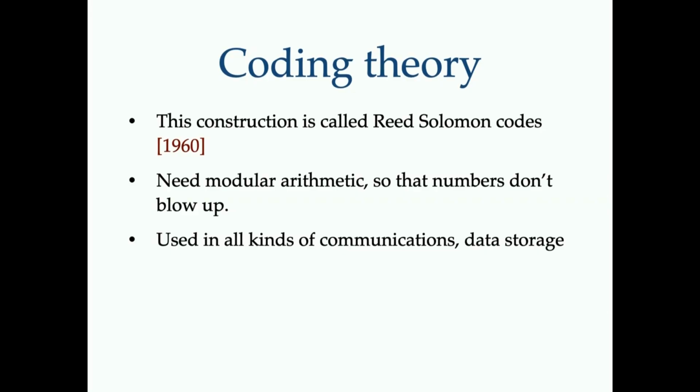As I was telling you, these Reed-Solomon codes and other kinds of codes are used in all kinds of communications. When the Mars rover wants to send data to NASA, it will use some error correcting code, maybe this one, Reed-Solomon.